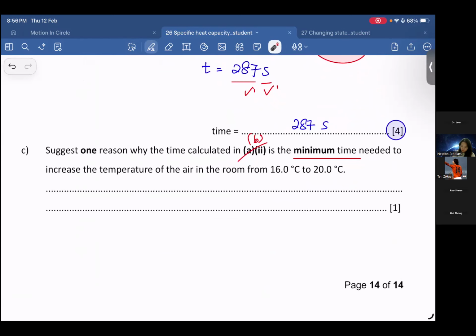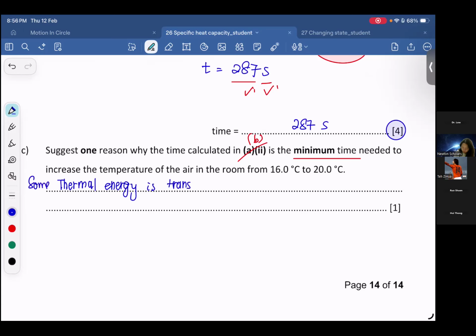So for this question, we write down thermal energy is transferred. Some thermal energy is transferred to, you can say furniture, you can say the wall, or you can say any objects in the room.